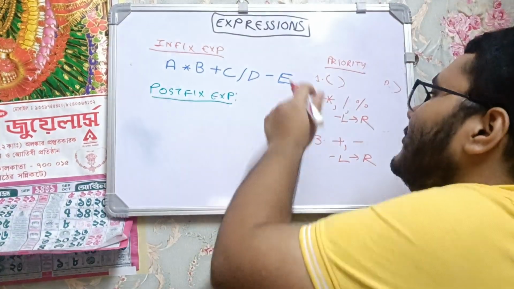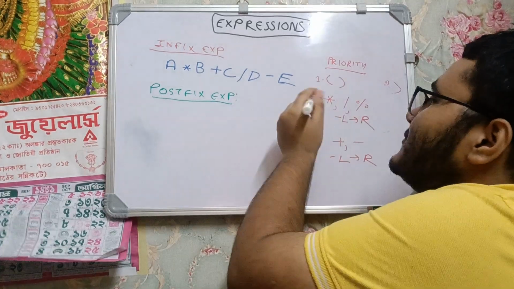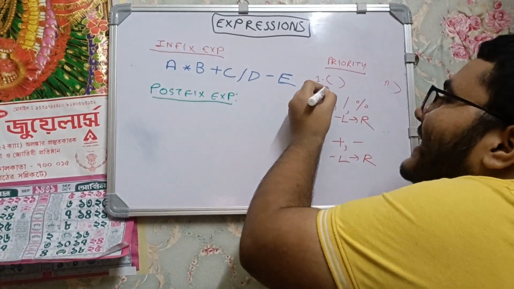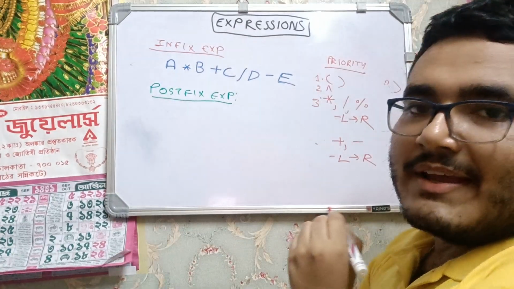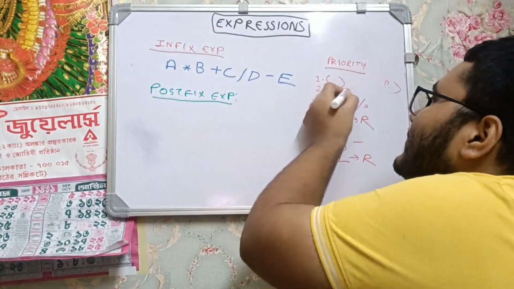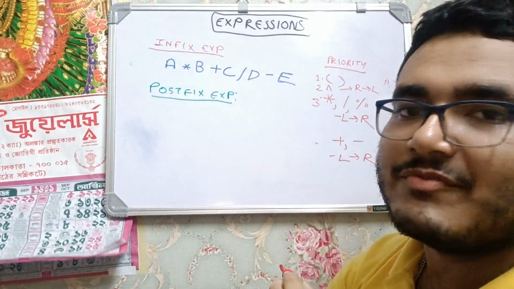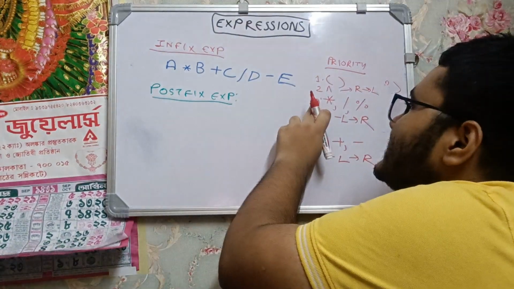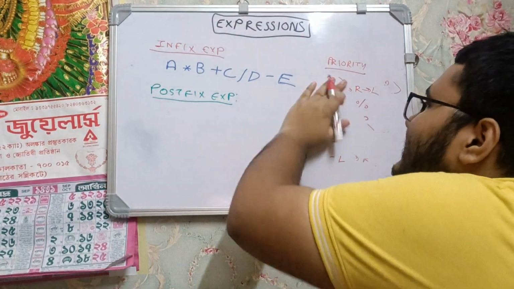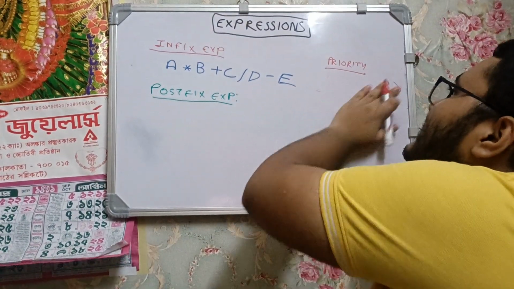Sorry, and before all these operators, we have another thing, that is the caret. As many carets as you have, the associativity is from right to left, right? Let me rewrite it.